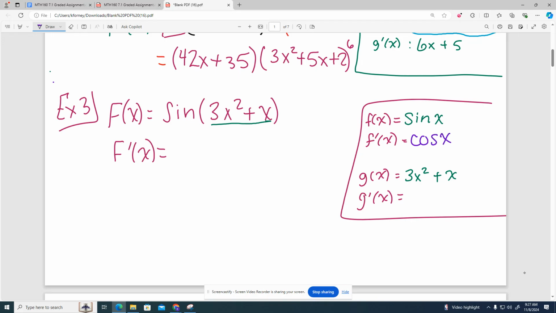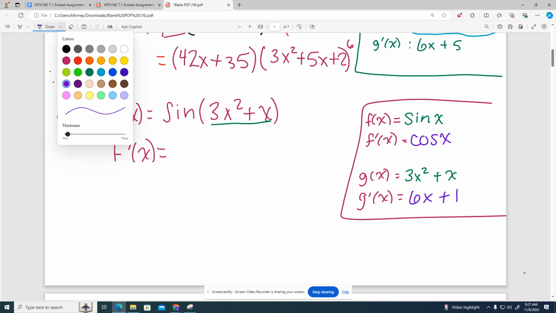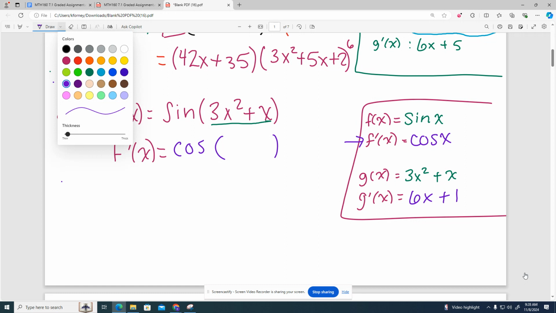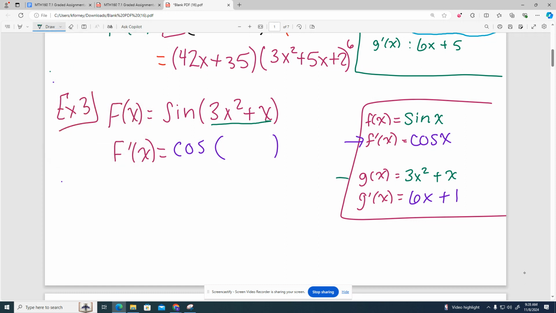The derivative of this binomial would become 6x plus 1. So the chain rule says we take the derivative of f, and wherever there's an x, you put parentheses and input g of x.